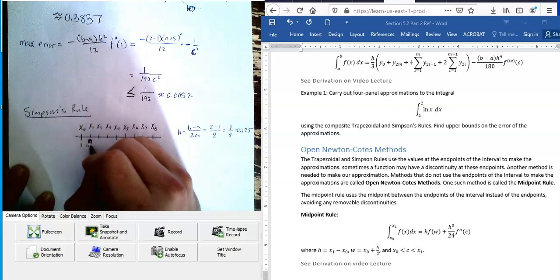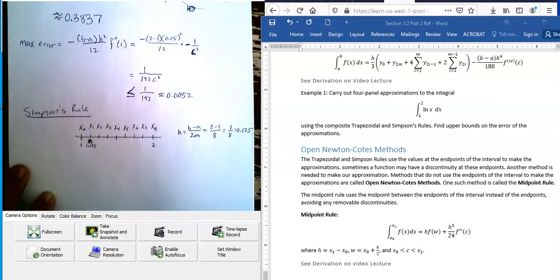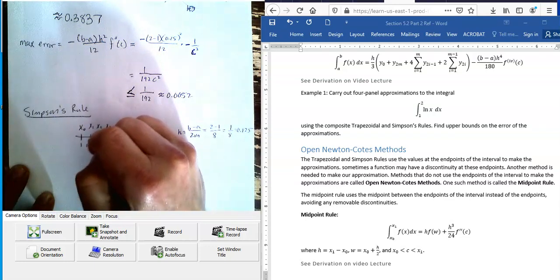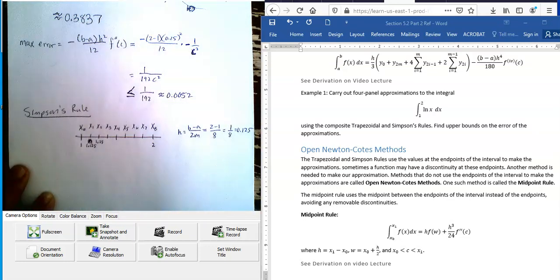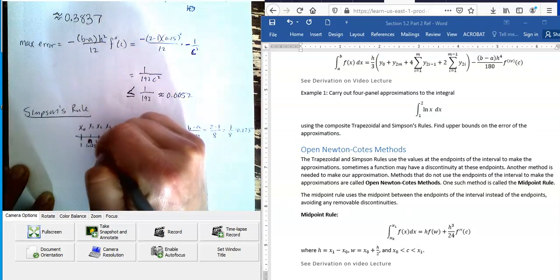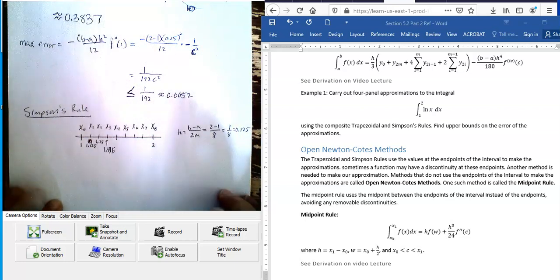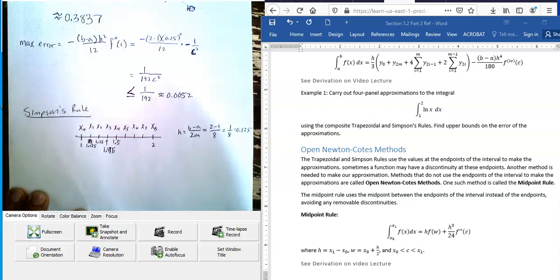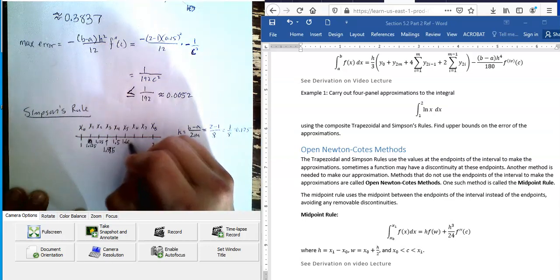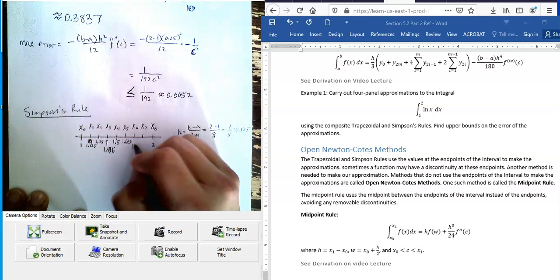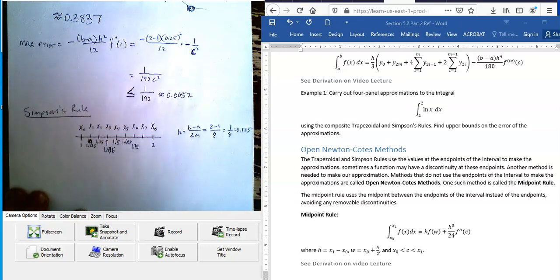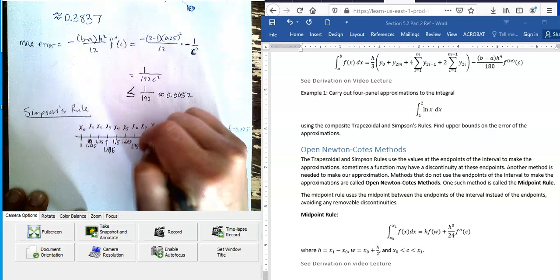So here I'll have 1.125, 1.25, 1.375, 1.5, 1.625, 1.75, and 1.875. Okay.